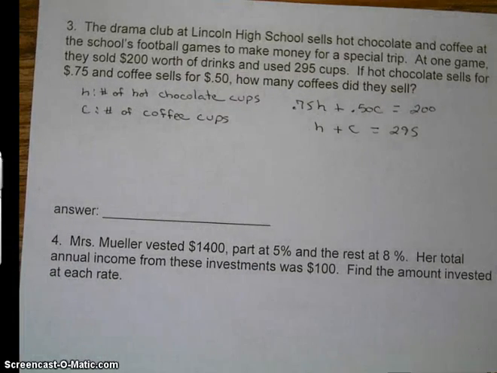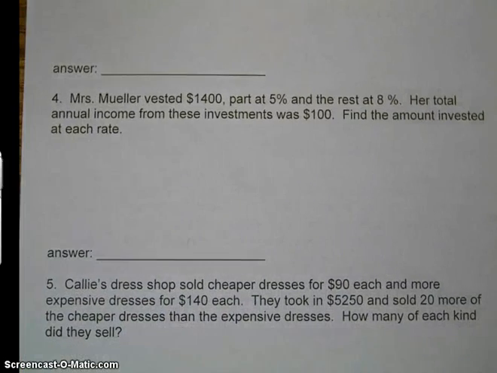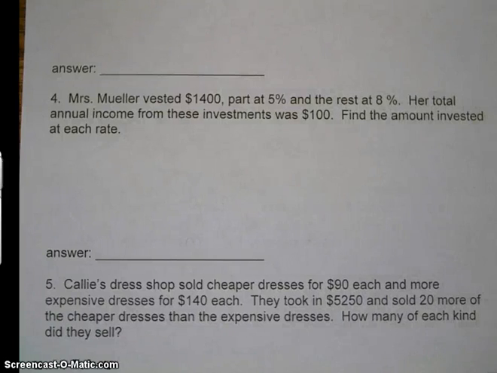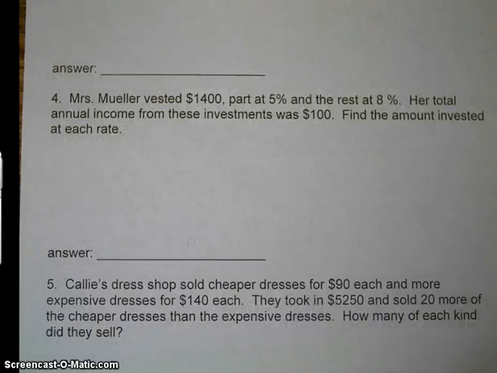All right, moving on. Getting low on time here. Okay, this one's a little bit more tricky, number 4. You might have to read it through a couple times. We're looking for the amount invested at each rate. So since there's 2 rates, we have 2 different amounts.